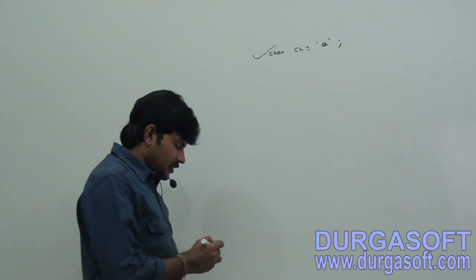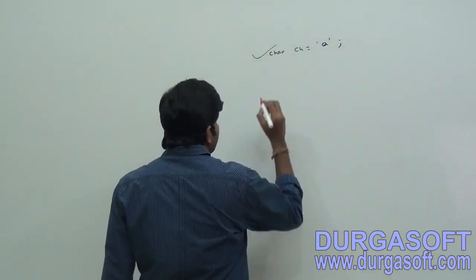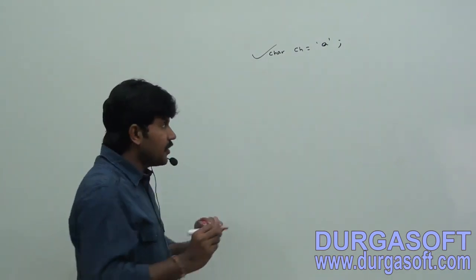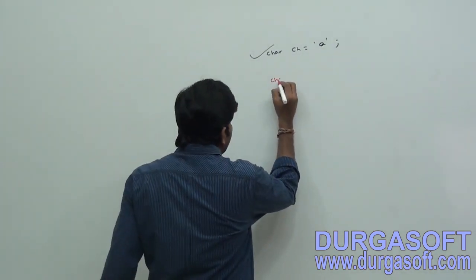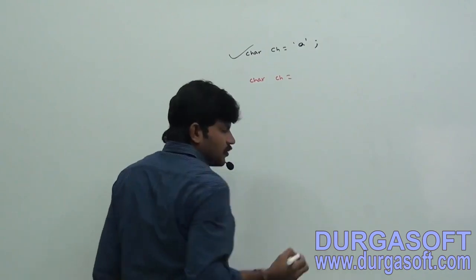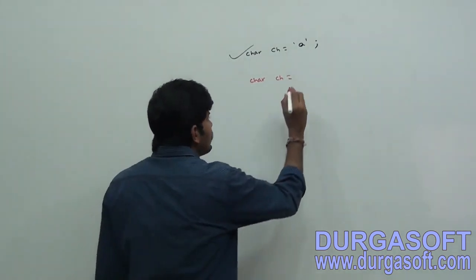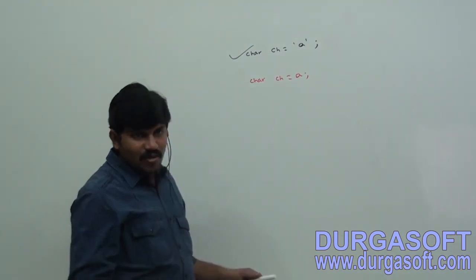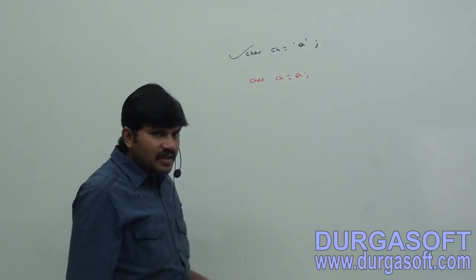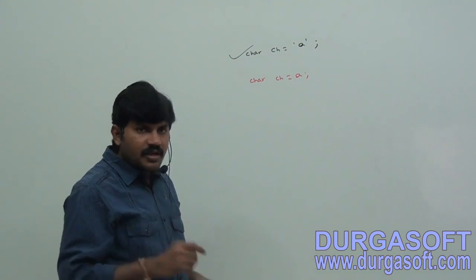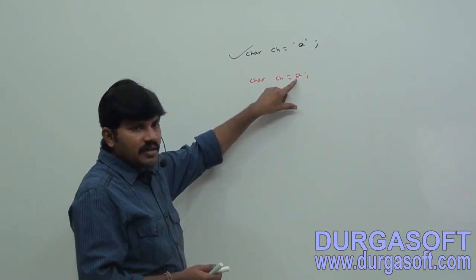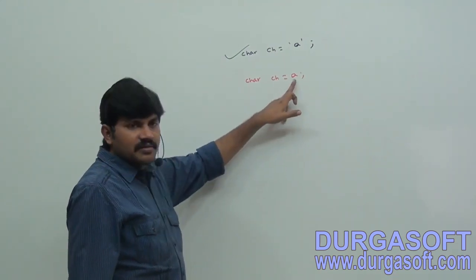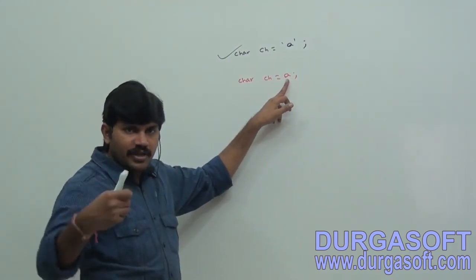Next, char ch is equal to a. Is it valid or not valid? Listen a bit carefully. By mistake, the single quotes are missing. I didn't add single quotes. Can you tell, is it valid or invalid? Invalid. Because if single quotes are not there, it is not a char literal, and it is not a string literal. It is not a valid value for any type.